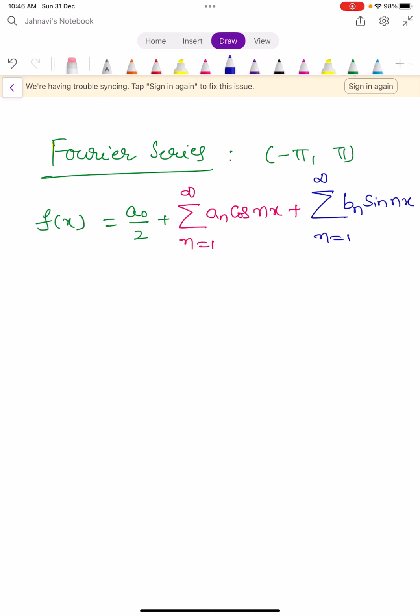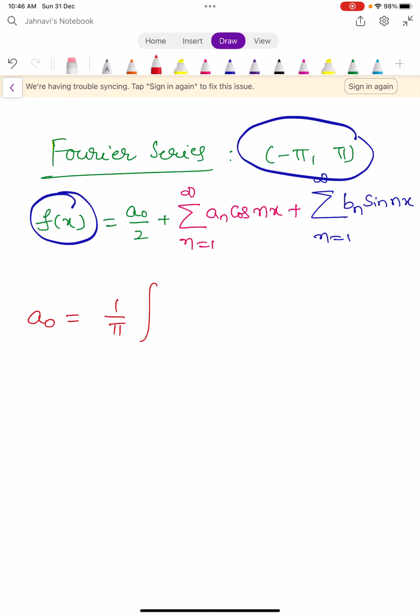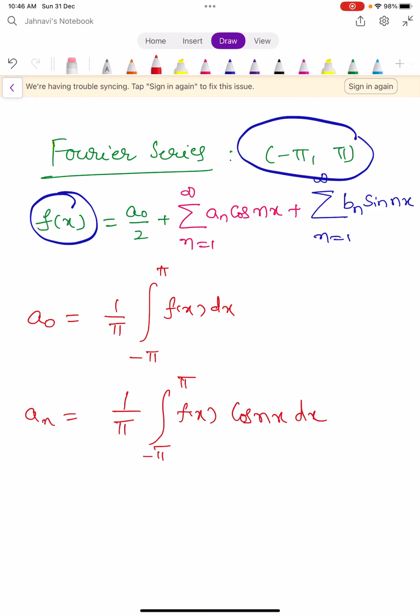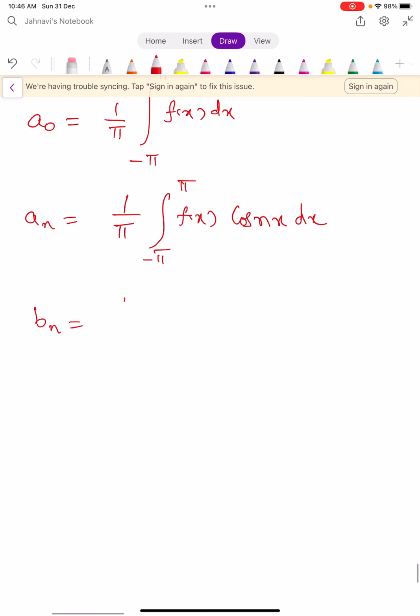This is known as the Fourier series expansion of the function f of x in the interval minus pi to pi, where a naught is given by 1 by pi integral minus pi to pi f of x dx, a n is given by 1 by pi integral minus pi to plus pi f of x cos nx dx, and b n is given by the formula 1 by pi integral minus pi to pi f of x sin nx dx.